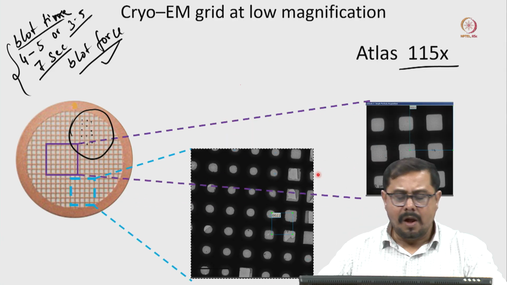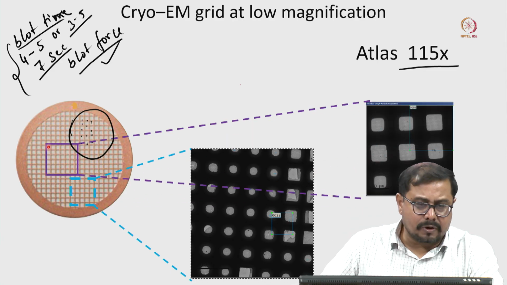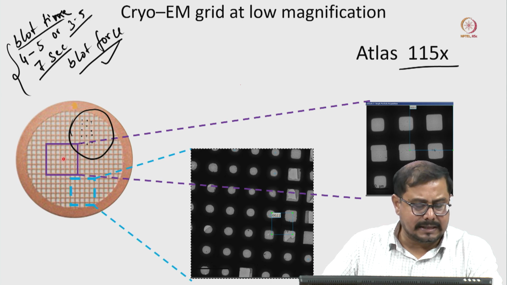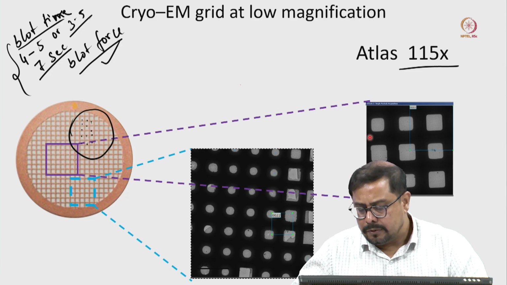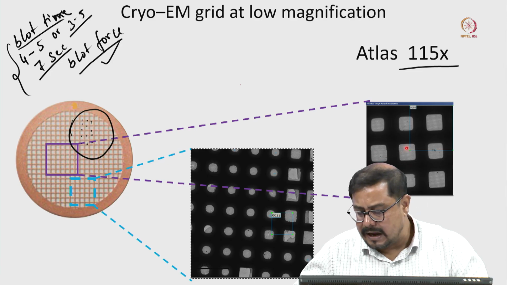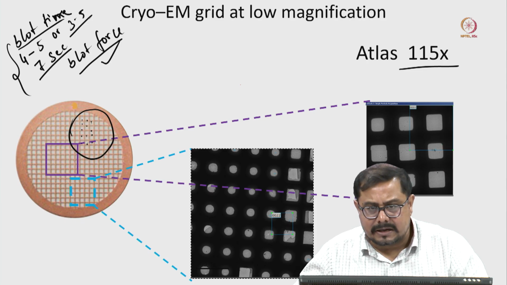Now the next one. So now we focus on this particular area. In this area we can see this is a very nice square where most of the square areas are clearly visible. Some squares are a little bit smaller.